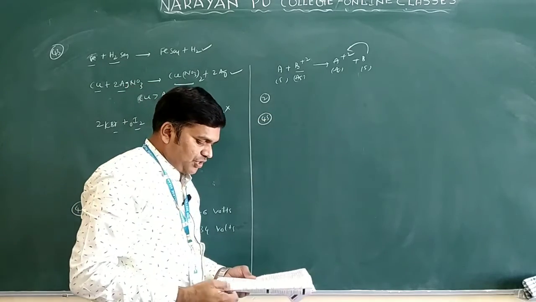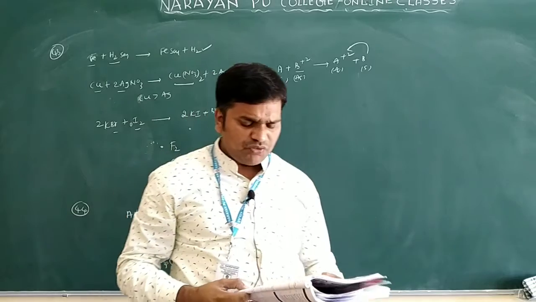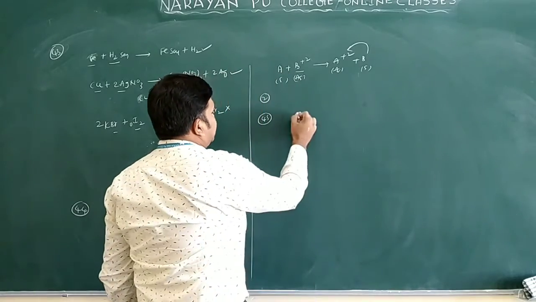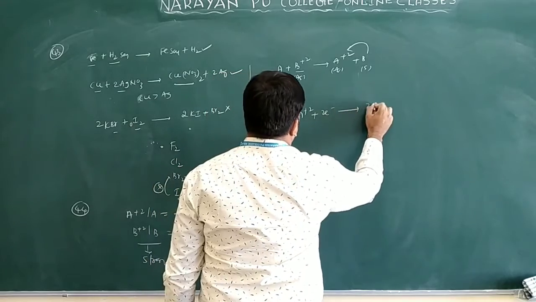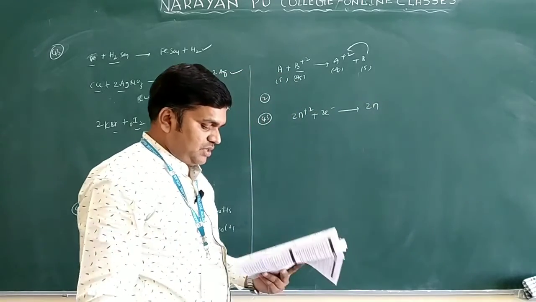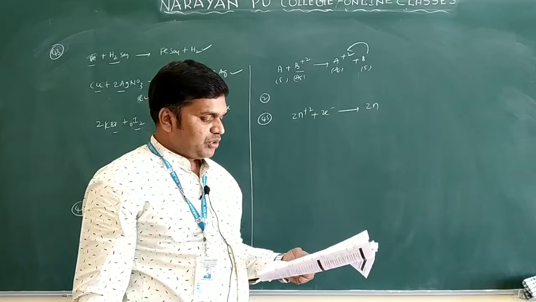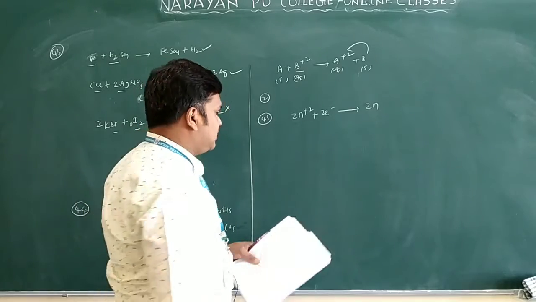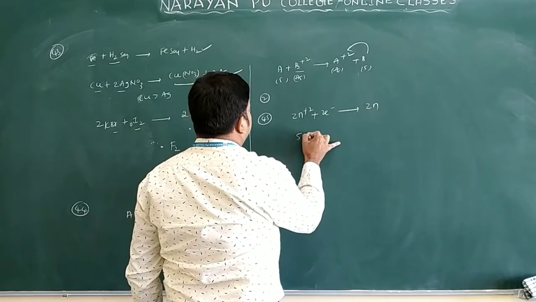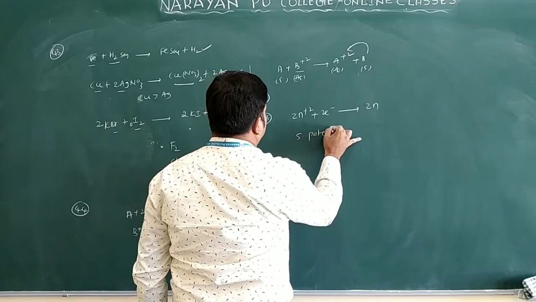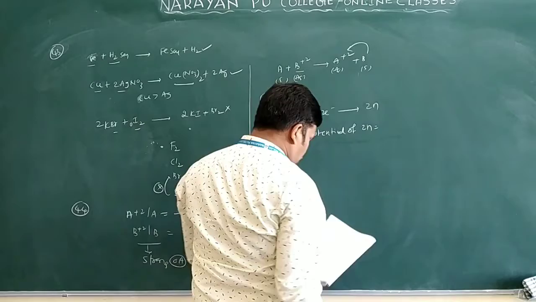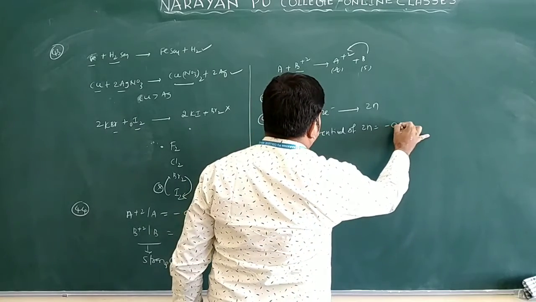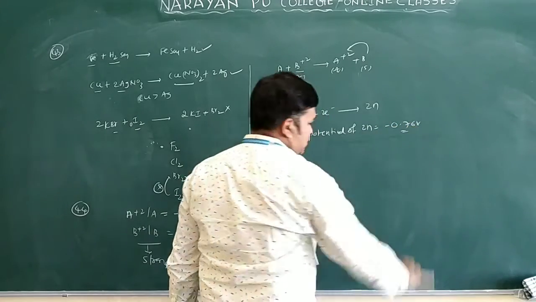Now we'll see question number 45. The equivalent reaction here: Zn2+ gains 2 electrons to give Zn, and the standard reduction potential of zinc is given here as minus 0.76 volts.